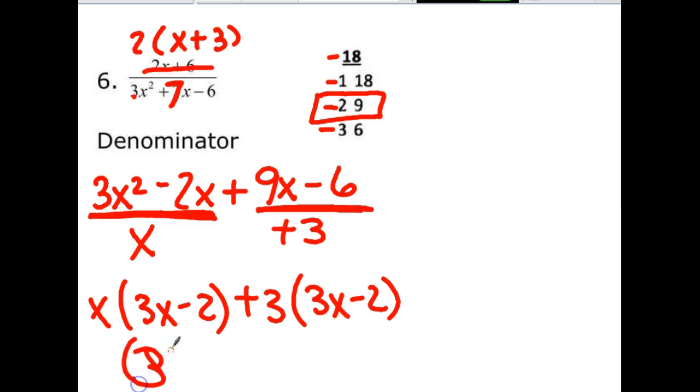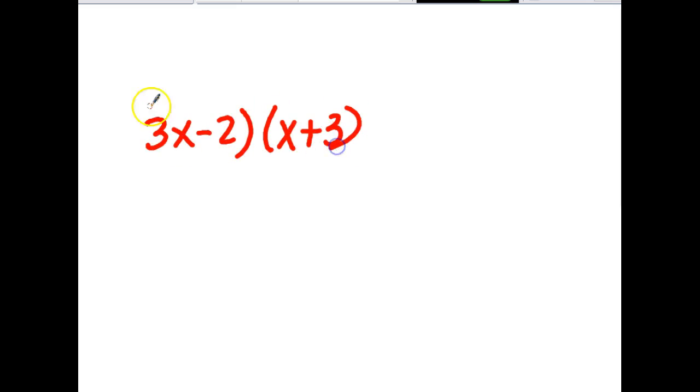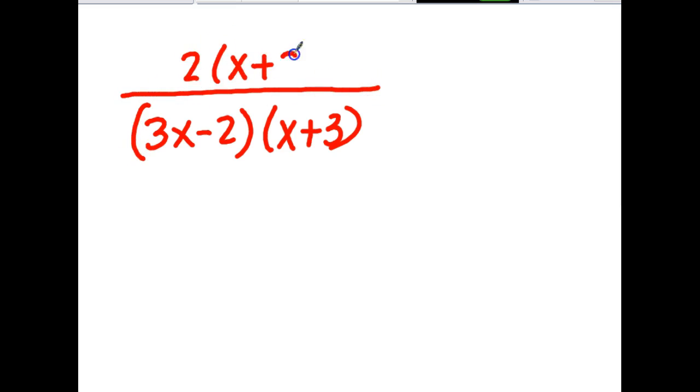This would be 3x minus 2, x plus 3. That's just my denominator. Let's see. The denominator is 3x minus 2, x plus 3. What was the numerator? Was that the correct numerator?